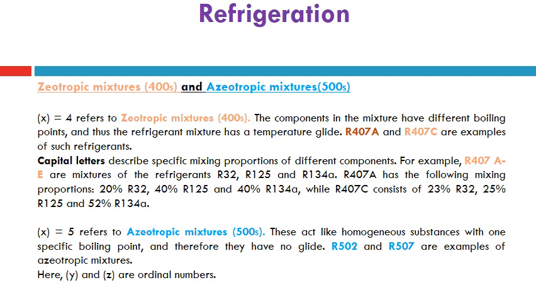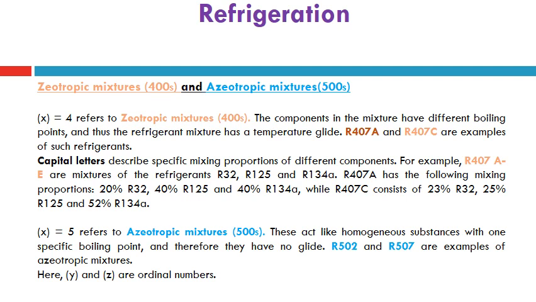The components in this mixture have different boiling points, and thus the refrigerant mixture has a temperature glide. R407A and R407C are examples of such refrigerants. Capital letters describe specific mixing proportions of different components.